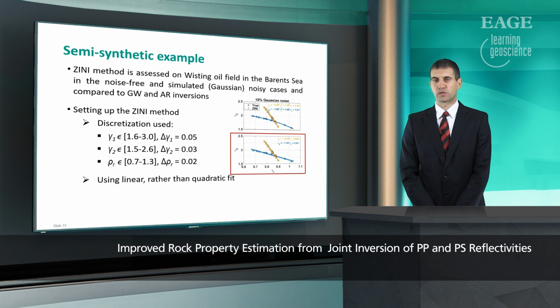Moreover, intersection of linear equations rather than quadratic ones gives the optimal gamma 1, gamma 2 pair at each interface point. Finally, the R-squared criterion is less strict than in the case of inversion of synthetic examples.